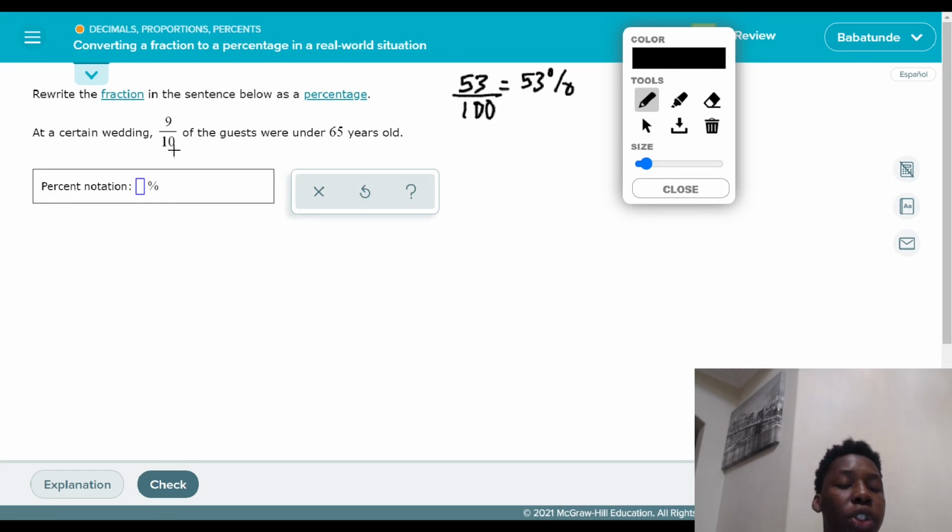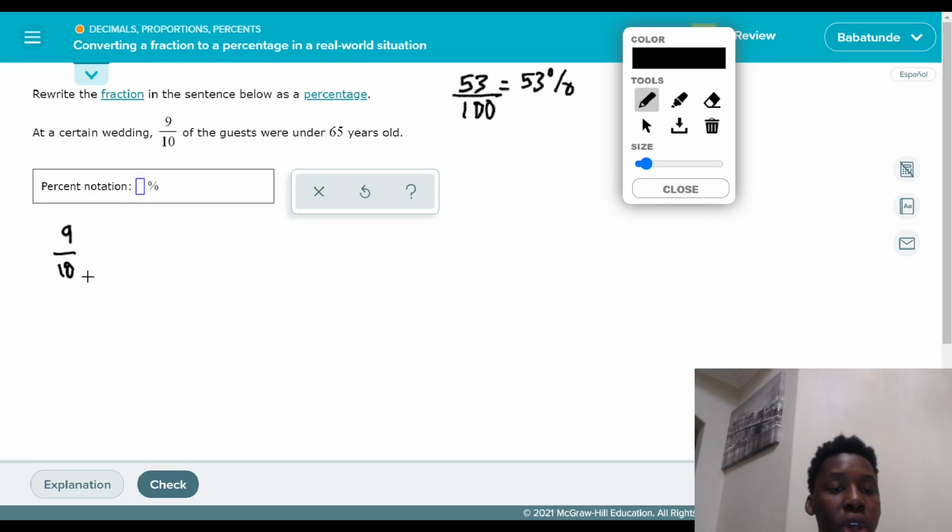So in this question, we're asked to convert this fraction, right? If you notice, the denominator of this fraction is 10. It's not 100, right? And we need to make the denominator 100 before we can express this as a percentage. Let me just write it down. This is 9/10.